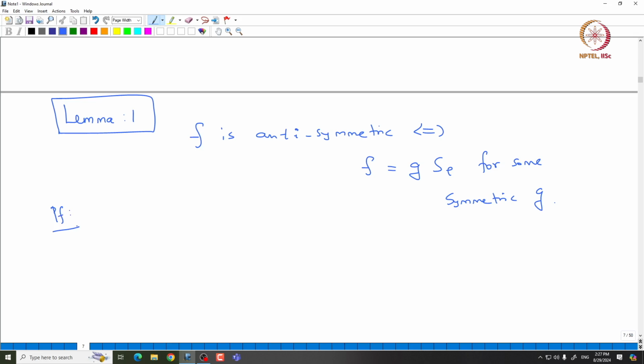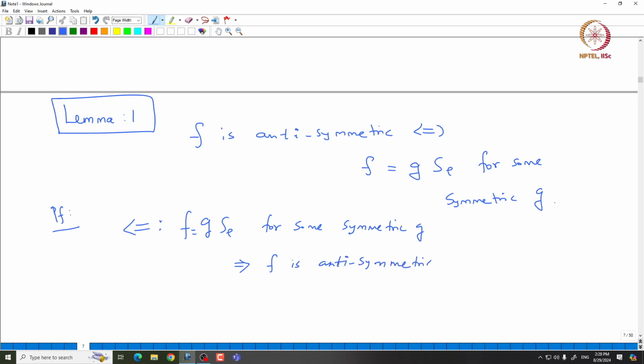So, if f is g times s rho, then it is clear that f must be anti-symmetric. If you take a symmetric element times an anti-symmetric element, then you get back an anti-symmetric element. Okay. So, I will leave that as an exercise. If f equals g s rho for some symmetric g, then that implies that f is anti-symmetric.